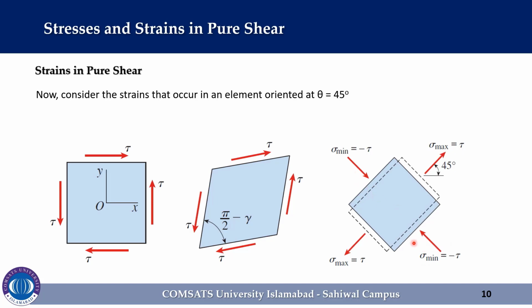Similarly, the compressive stresses acting at 135 degrees tend to shorten the element in their direction and elongate it in the 45 degree direction. These dimensional changes are shown in the figure here, where the dashed lines show the deformed element. Since there are no shear distortions, the element remains a rectangular shape, even though its dimensions have changed.